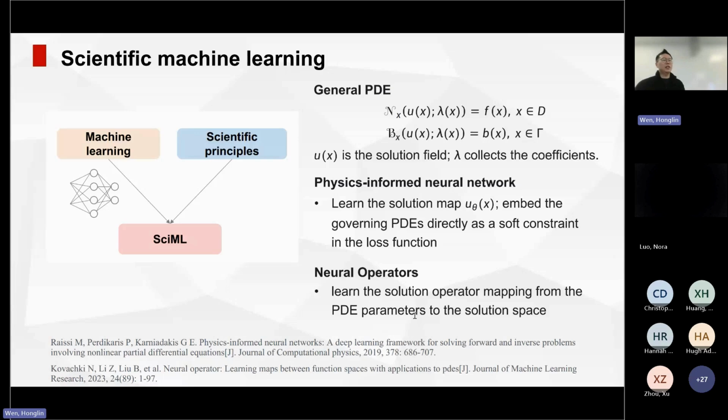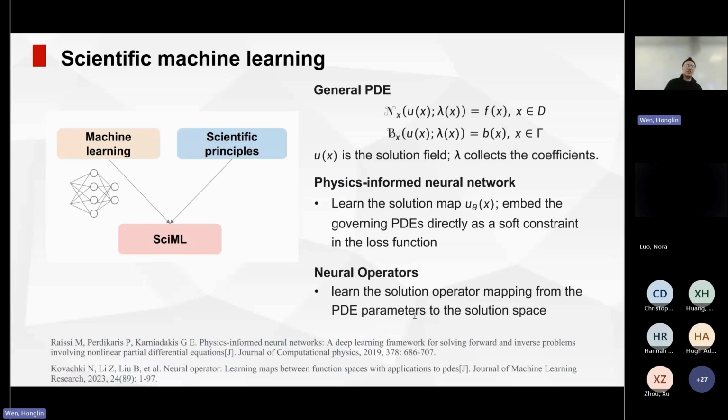In the past, mostly after 2018, there are two mainstreams in this field, which have had very strong success. The first is what they call physics-informed neural networks, which are based on neural networks. The second is the neural operators.